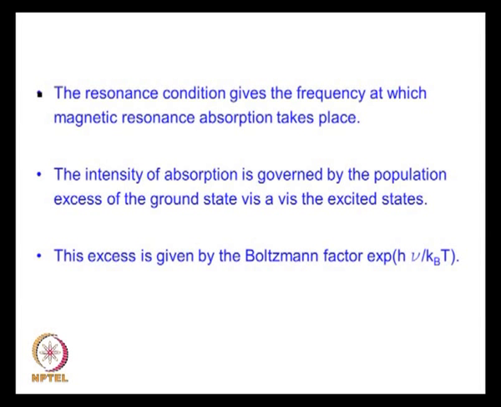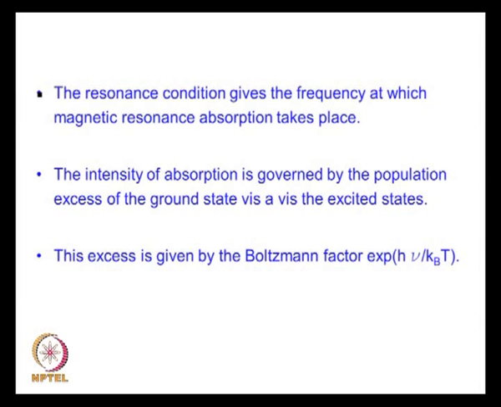So, the resonance condition gives the frequency at which magnetic resonance absorption takes place, and the intensity of absorption is governed by, again as I discussed already, the population excess of the ground state vis-a-vis the excited states.